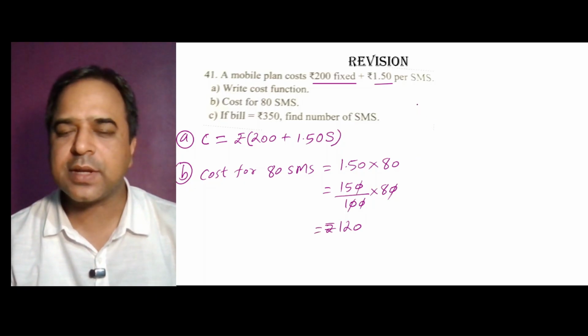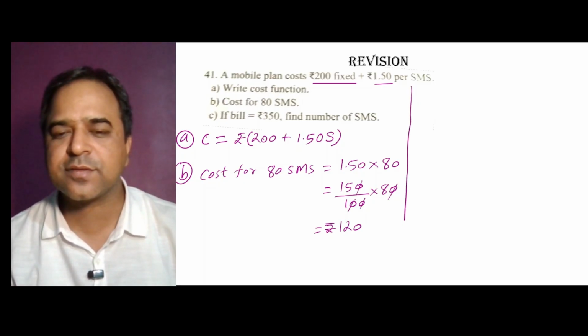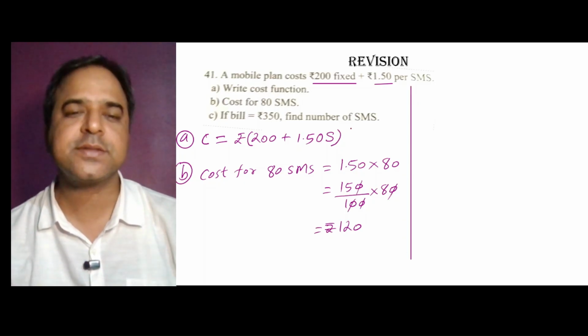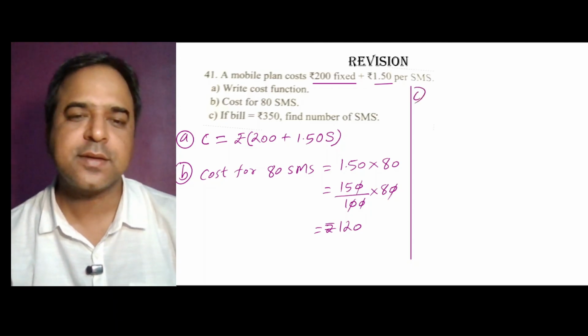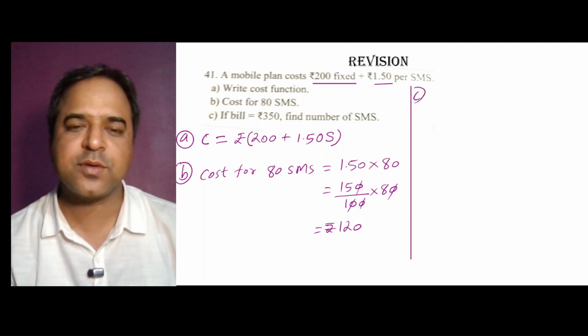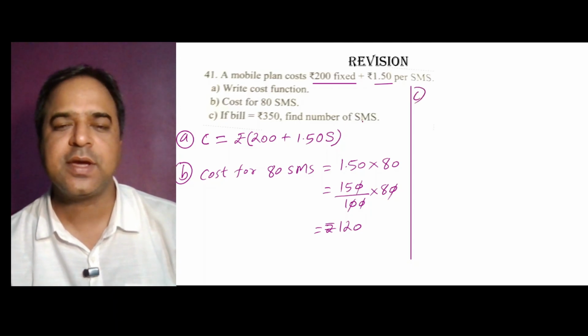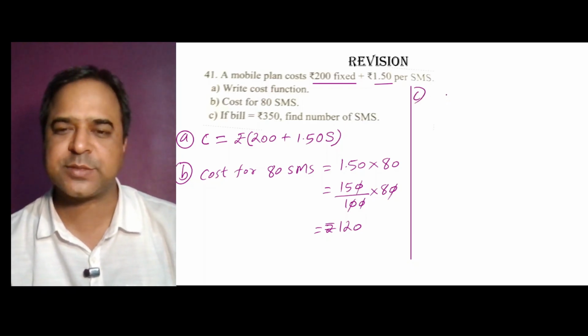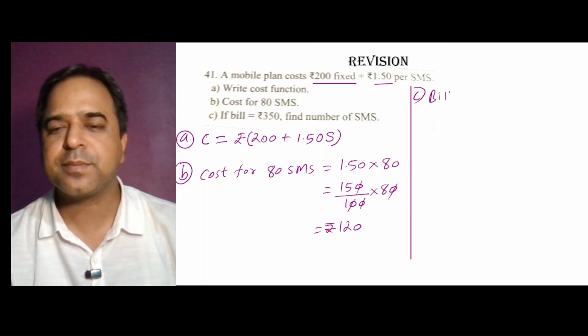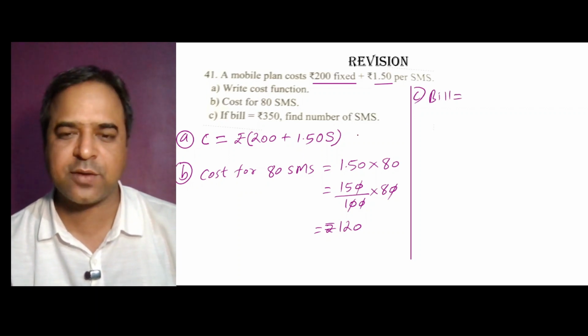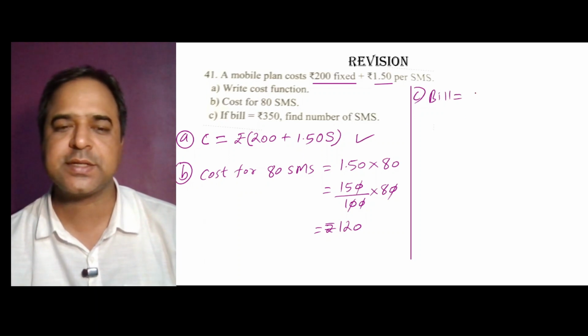Now, the last question, if you see in this, is part C. If bill is rupees 350, find the number of SMS. You know that bill or total cost, the way we have put our equation, we can use it.